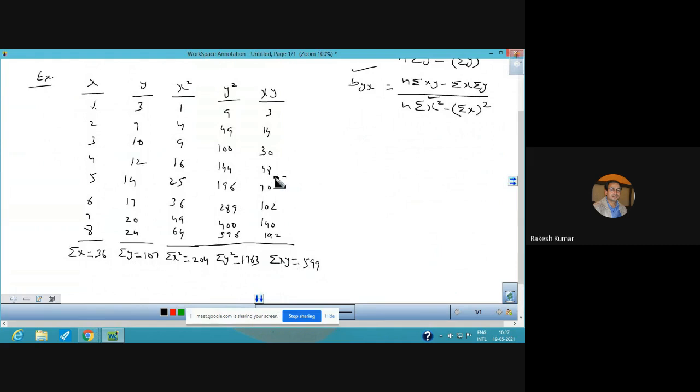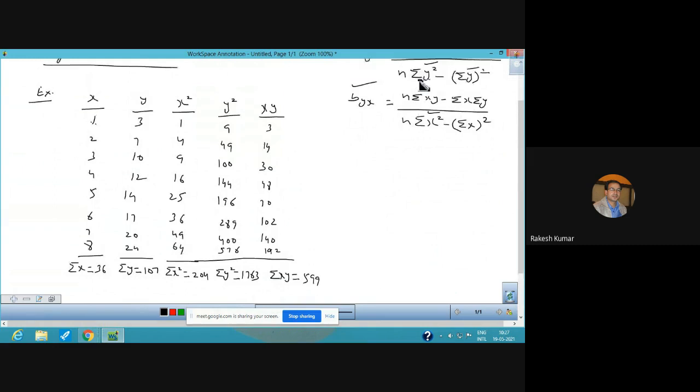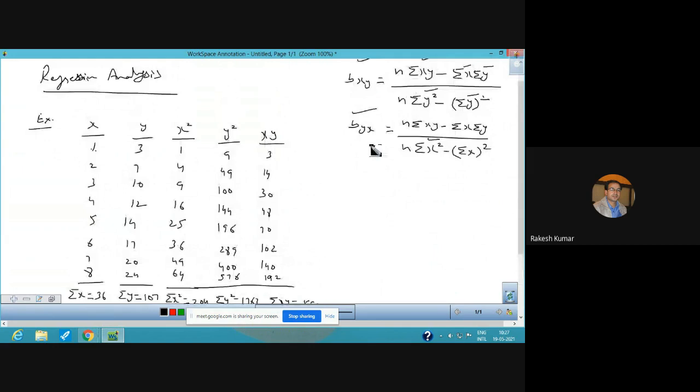You can substitute the values in the formulas. In this, byx comes out to be 8 into 599 minus 36 into 107, divided by 8 into 204. Its value comes out to be 2.7976.